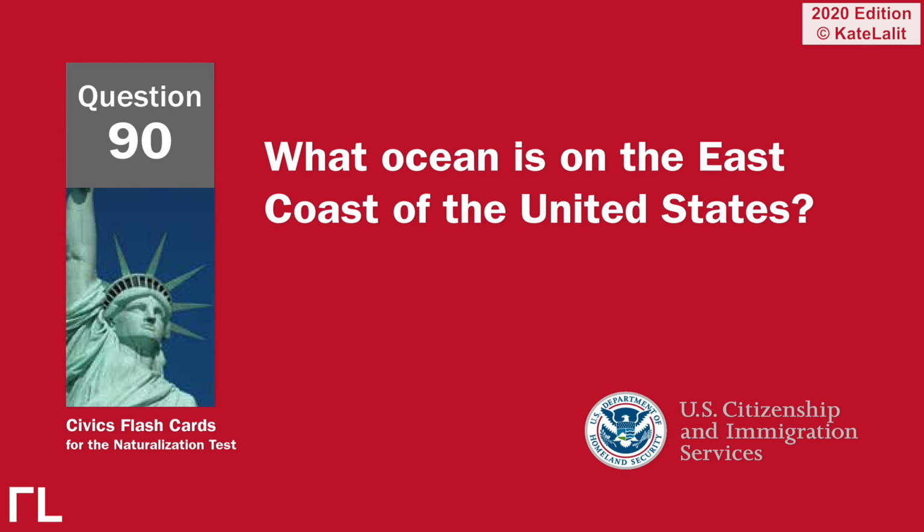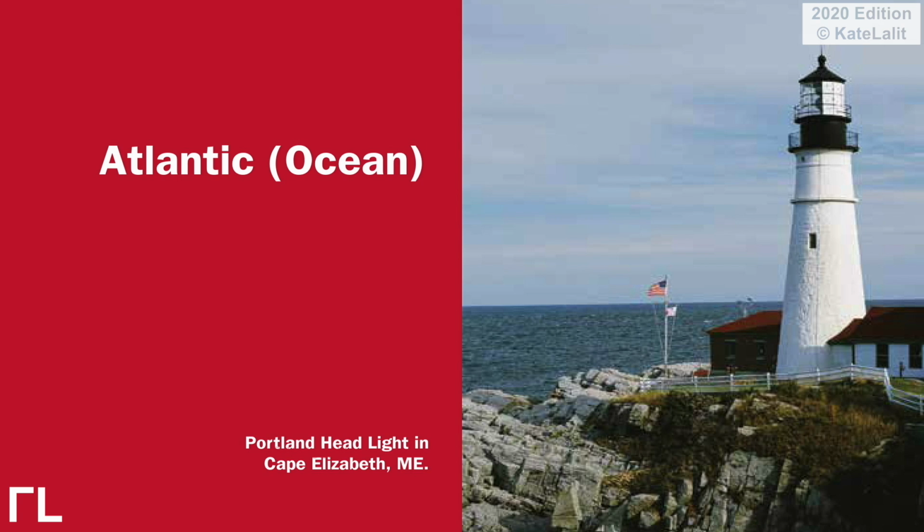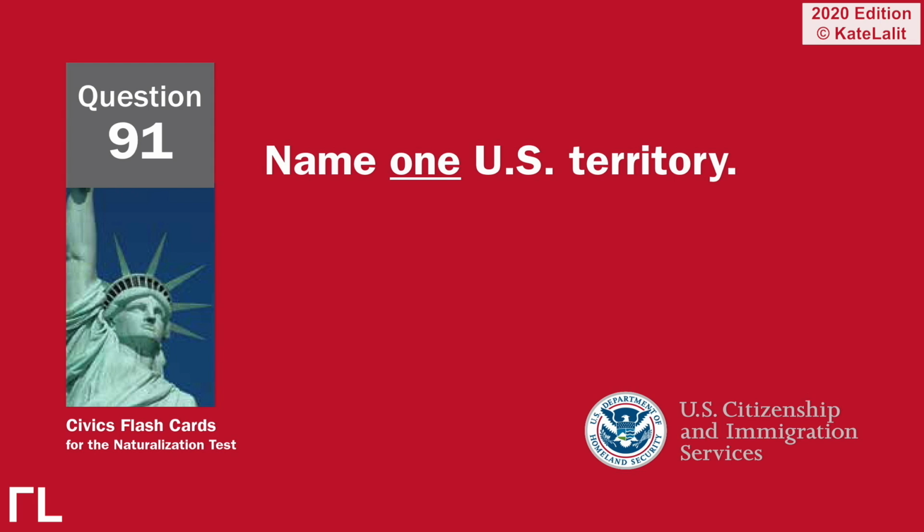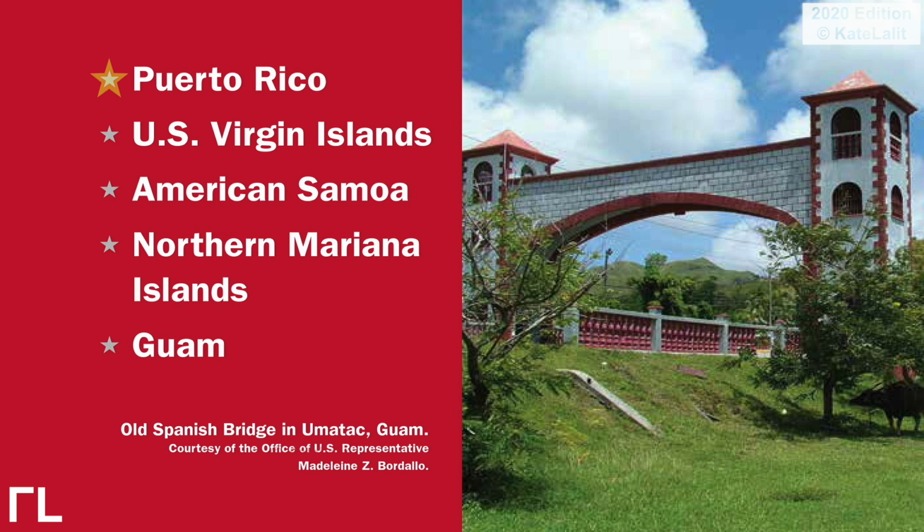What ocean is on the east coast of the United States? Atlantic Ocean. Name one U.S. territory. Puerto Rico, U.S. Virgin Islands, American Samoa, Northern Mariana Islands, Guam.